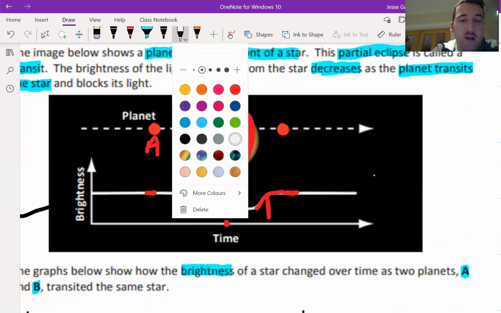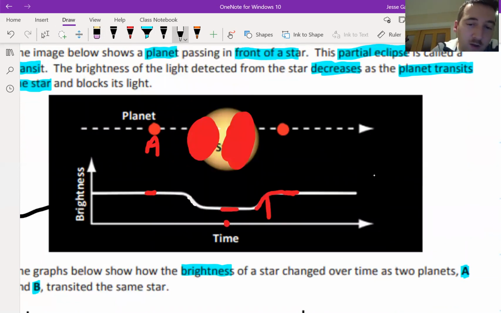If the planet was bigger, then the amount of light would be way lower because it would be blocking out nearly all of the light. So it's got to do with how much of the brightness disappears when the planet moves across it.